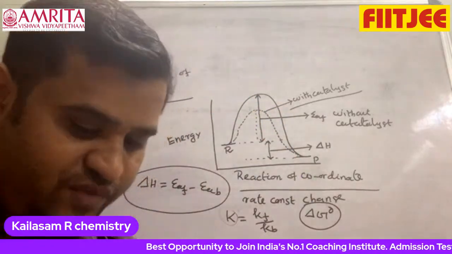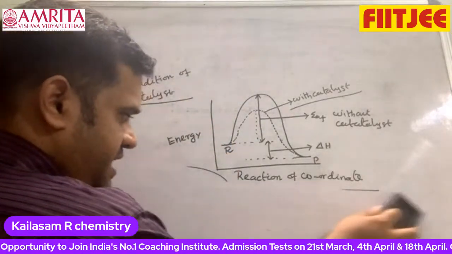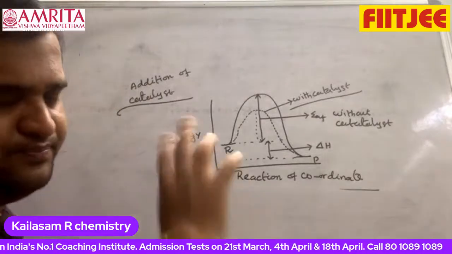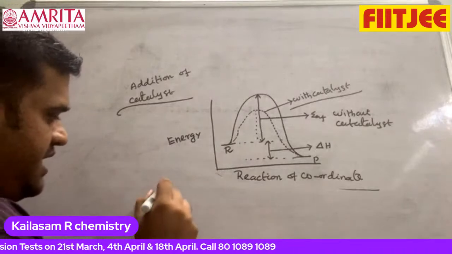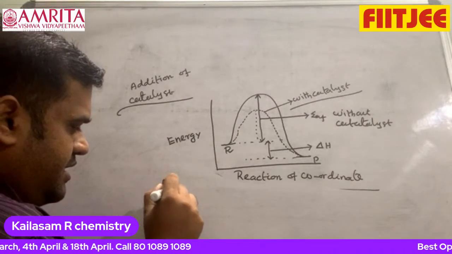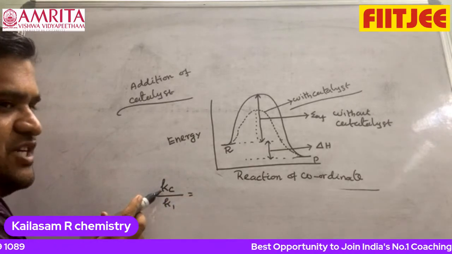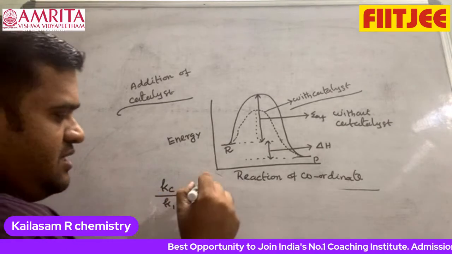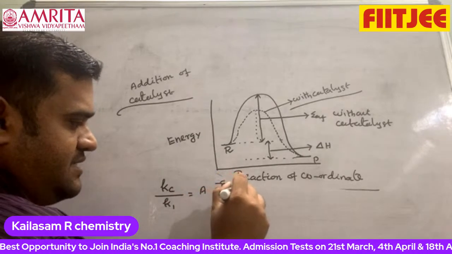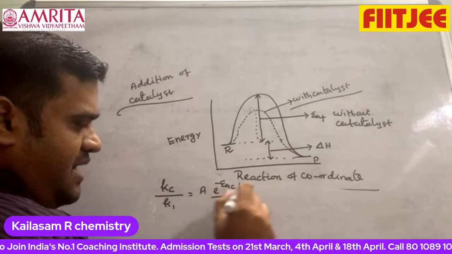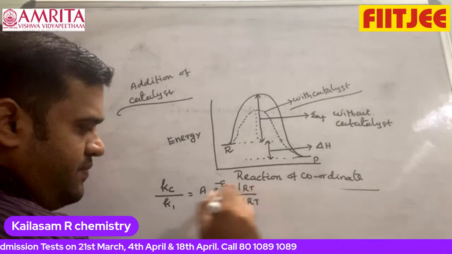So from this, we can write it as, look at this now. Assume that for this reaction the pre-exponential factor is the same. Now I am taking Kc by K1. What is Kc? Kc means with addition of catalyst, K1 means without catalyst. So A e power minus EAC by RT, by A e power minus EA1 by RT.